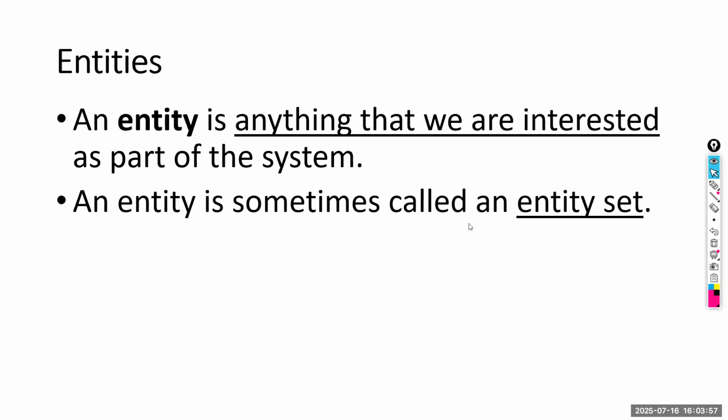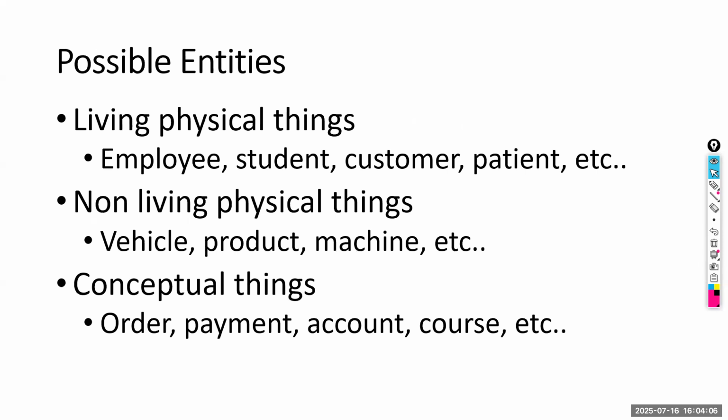If it is a student management system: student, course, teacher. For ease of understanding, we subdivided entities into 3 types: living physical, non-living physical like vehicle, product, item, and conceptual things like payment, order, course, and so on.